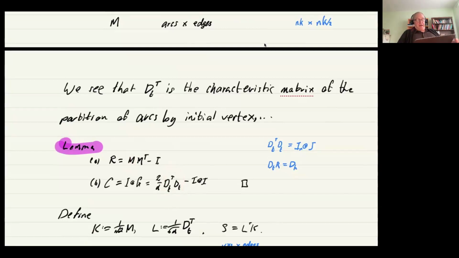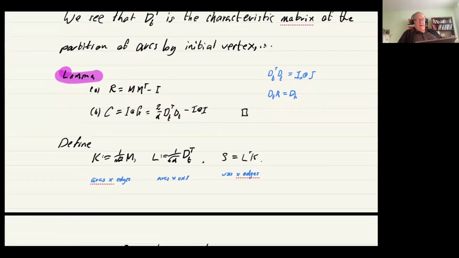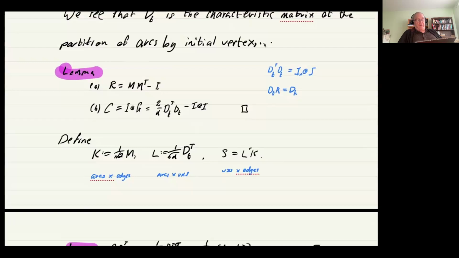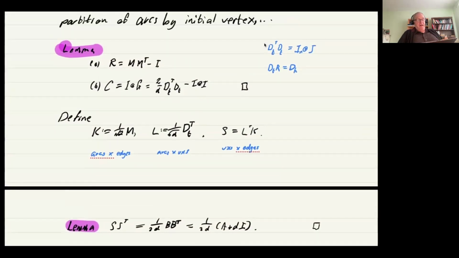So what's happening is that for the arc reversal walk, we've got the 2 matrices in place of what I was using L and M for before. I apologize for that because this M is not the same as the previous M. I was running out of letters. So this is saying more explicitly what I was just trying to say. I'm going to define some more matrices. It's 7, or 9 if you count those 2. So I'm going to take K to be 1 over root 2 M, L to be 1 over root k D_t transpose.